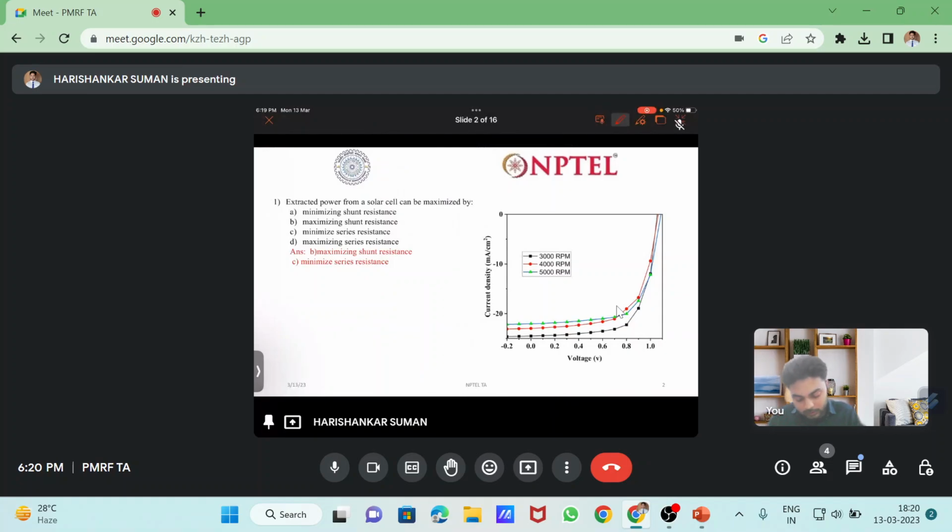In IV characteristics, there is a graph like that. This is the ideal curve. This axis is the applied potential. This is the current density axis.